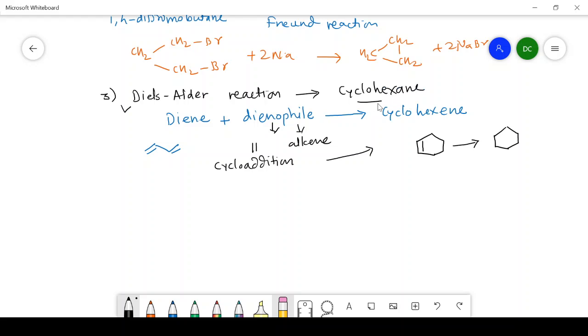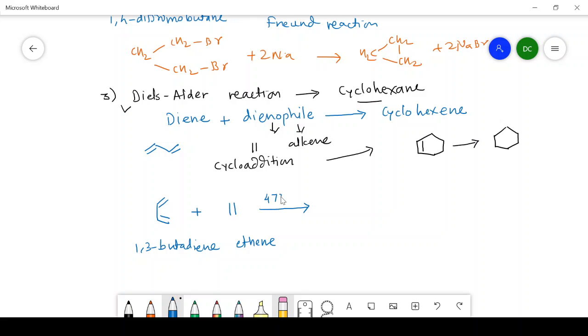So this Diels-Alder reaction is specifically used for the preparation of cyclohexane derivatives. Now we will take the example of diene and dienophile, and in diene I will write 1,3-butadiene. The structure of 1,3-butadiene is like this. It is treated with this compound, that is ethylene, or we call it ethene, and undergoes cycloaddition reaction in presence of heating.